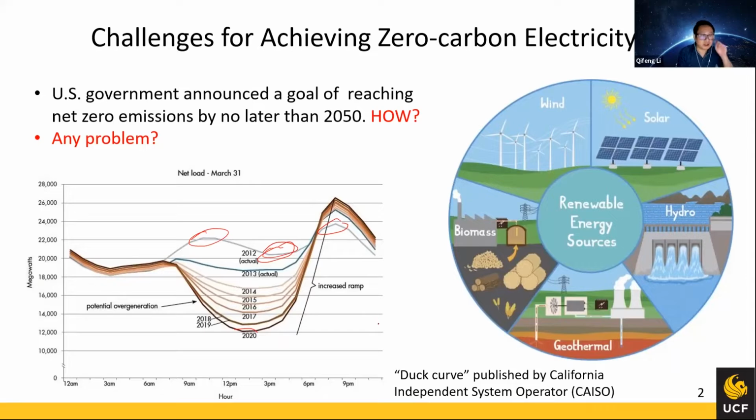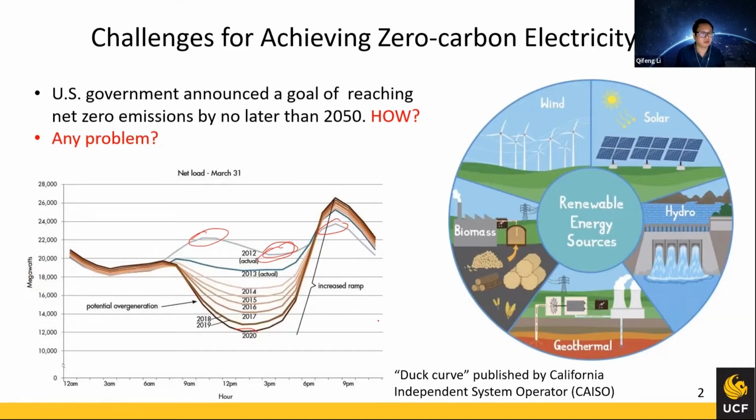You may think about using energy storage. When the solar is generating, store the electricity in energy storage and then release it. Yes, that's a very good solution. But we're talking about the biggest machine in human history. We're not talking about the battery of a cell phone or of just an electric vehicle.